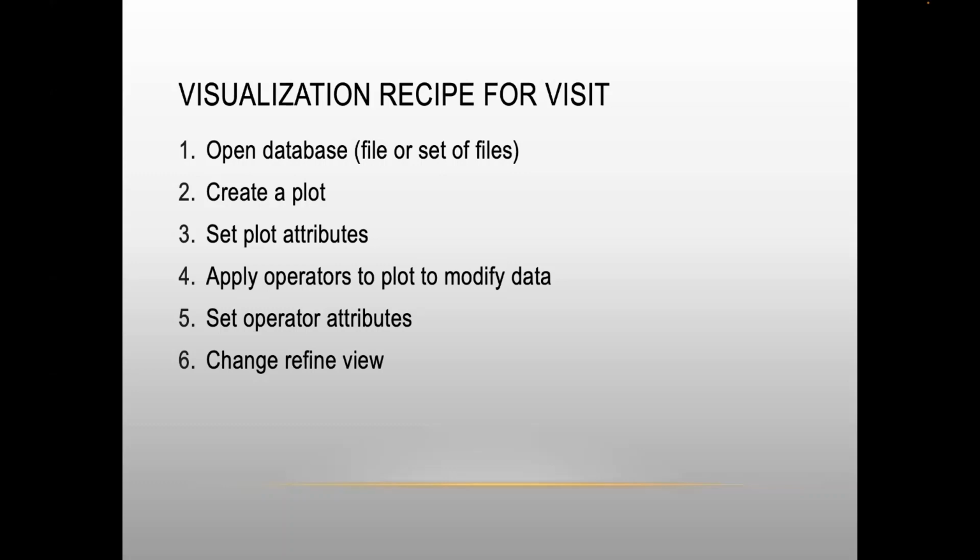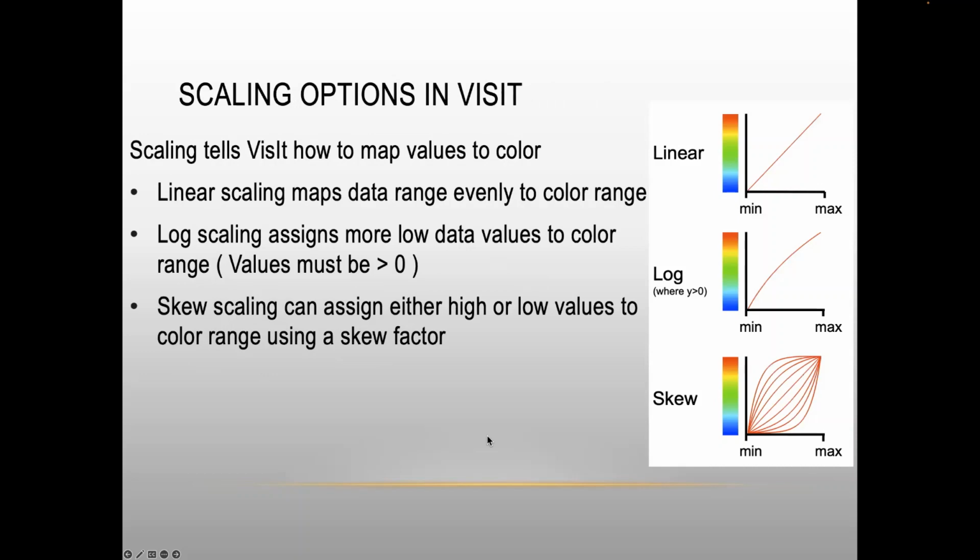And then you set the operator attributes, meaning, if you're thresholding the data, you would say what range you want to threshold the data and which variable. And then you change and refine the view. Essentially, this is what you will be doing with most of the different types of plots that we will be doing with VisIt. So that's the recipe.